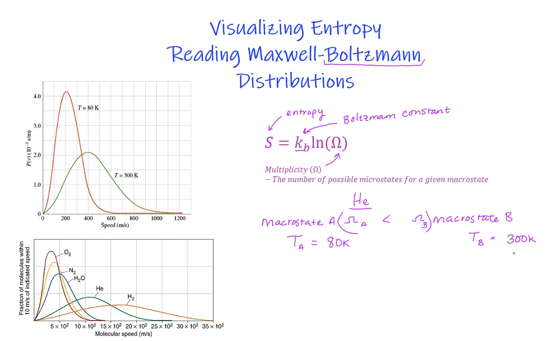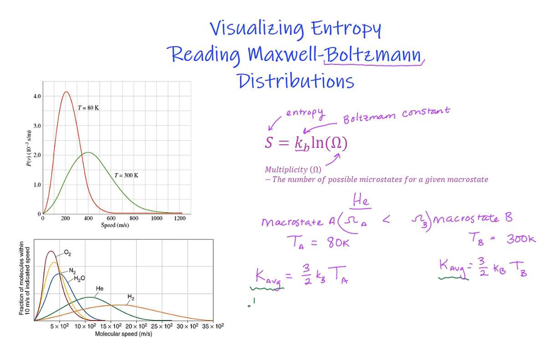So in other words, if we write out our definition for temperature, the average kinetic energy per particle in the system is equal to 3/2 times the Boltzmann constant times temperature. If we compare that at state A to this equation written out for state B, what we see is that the average particle kinetic energy, of course, is going to be the major difference and the reason that we read a different macrostate temperature.